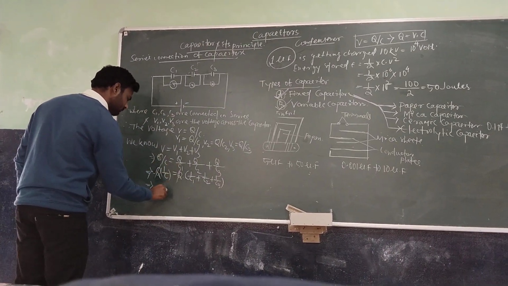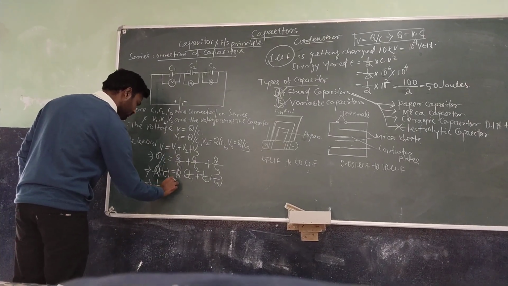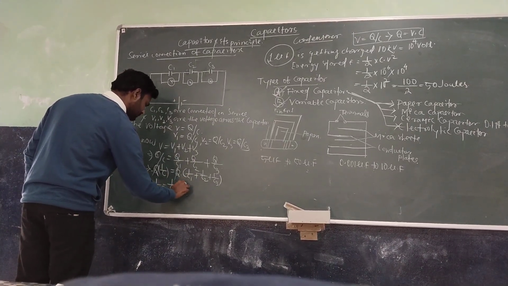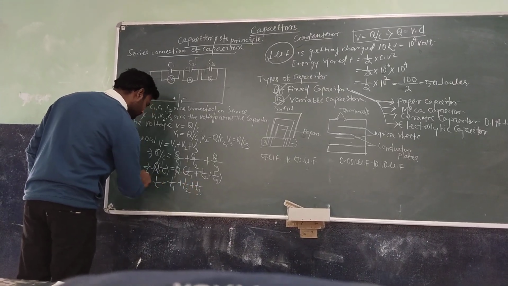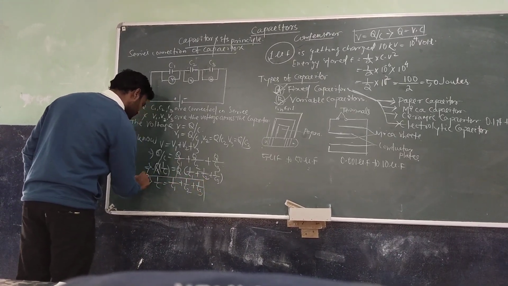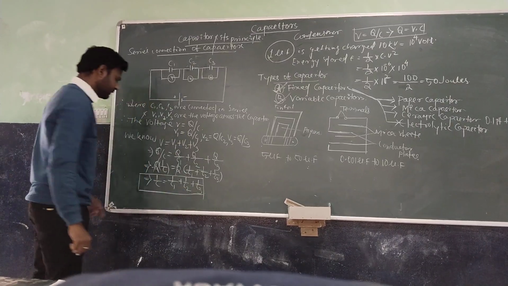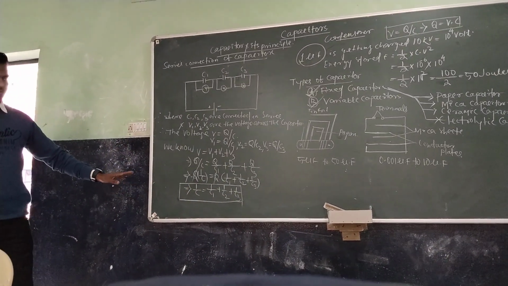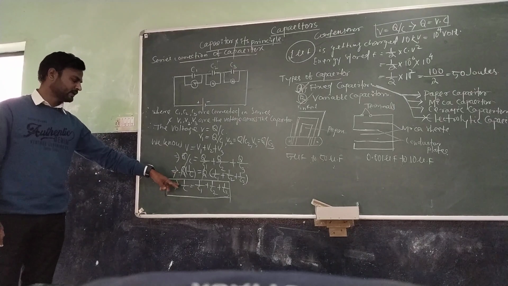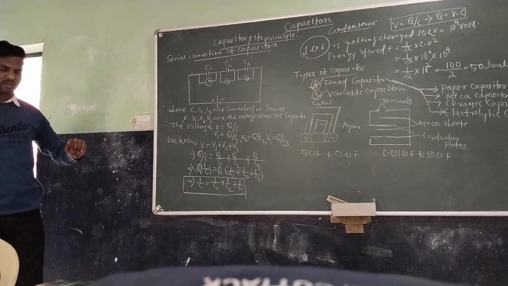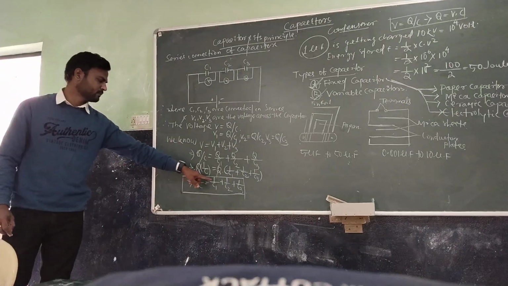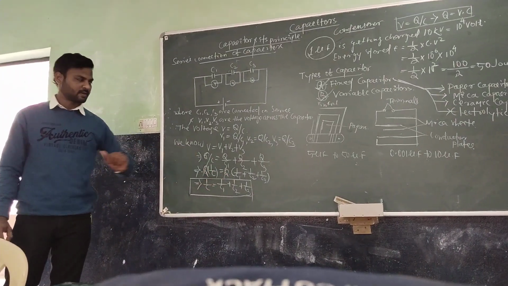So the equivalent capacitance in the circuit will be 1 by C is equal to 1 by C1 plus 1 by C2 plus 1 by C3.